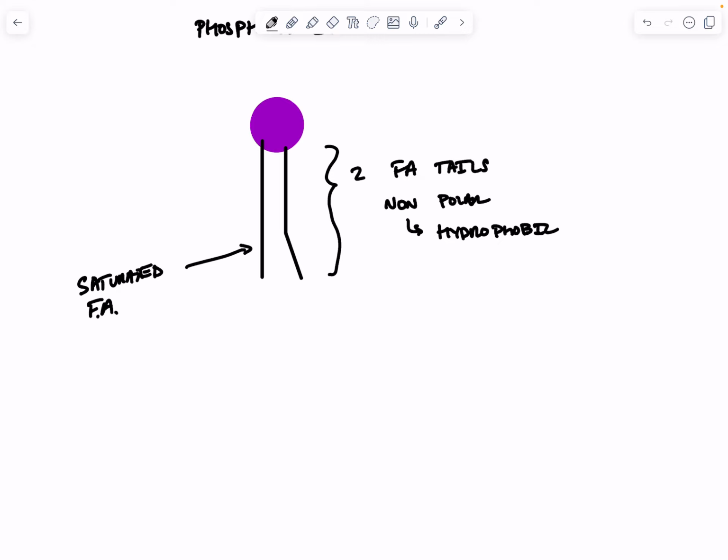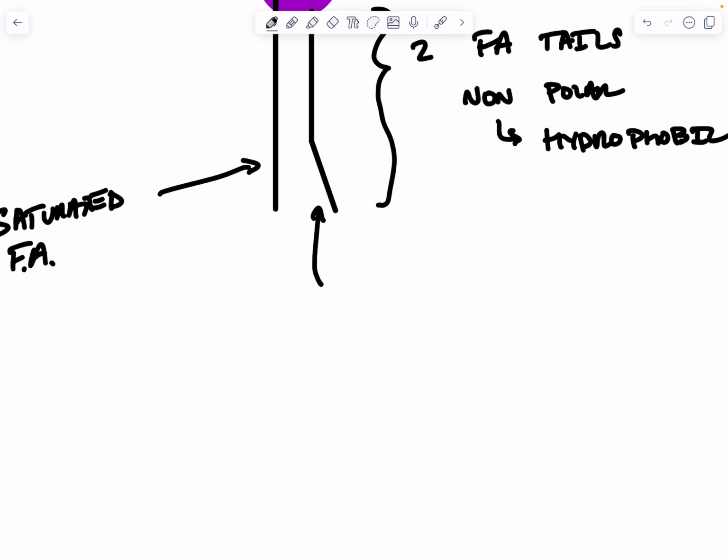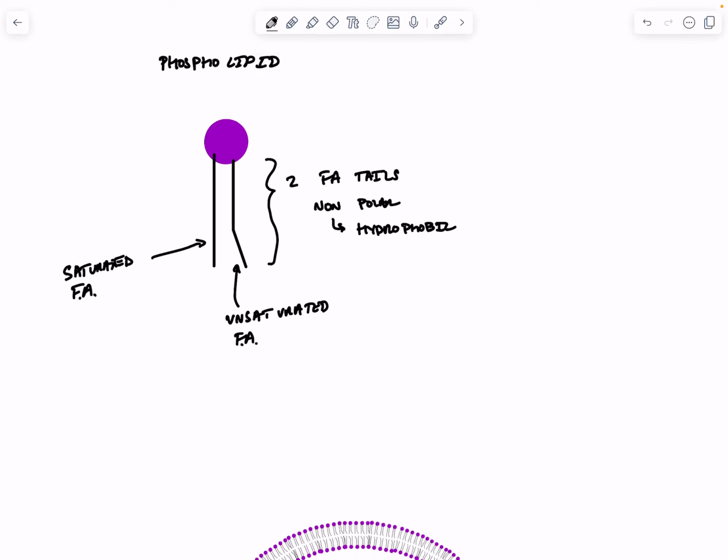There are no double bonds between the carbon backbone of the fat, so it's a long straight chain. And then this is an unsaturated fat, and therefore there's a double bond that creates a little bend in the molecule.